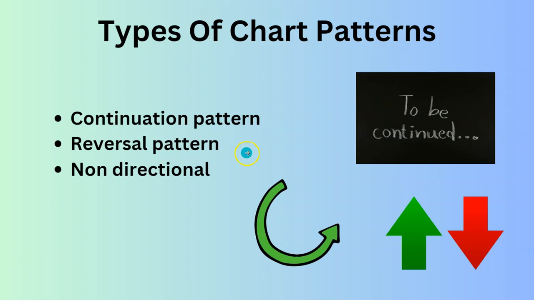So with this in mind, continuation patterns are very suitable for breakout traders. Reversal patterns, which we're going to learn today, are exceptionally good for people who want to bottom fish. How many of you like to buy low and sell high? When we think about Warren Buffett, he's the one that buys low and sells high before anybody comes in.